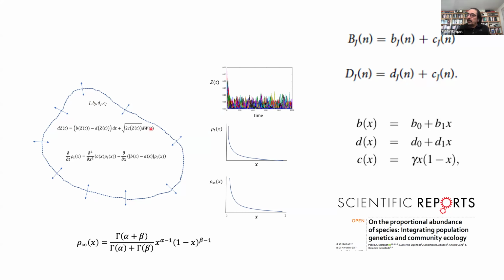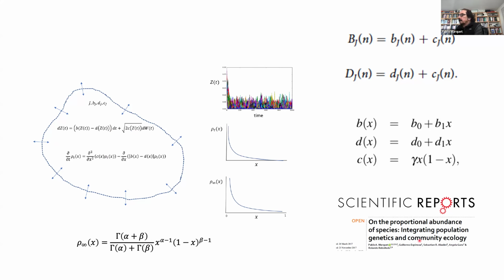The interesting thing is that if you assume that the birth rates and death rates are linear functions, and that species do not interact, and if you assume a particular form of this C here, which is pretty much the coefficient of the noise, so it represents everything that we don't know about the system, you see that this can be described by this Kolmogorov forward equation, and eventually it will reach this invariant distribution, which is a beta distribution of this sort.